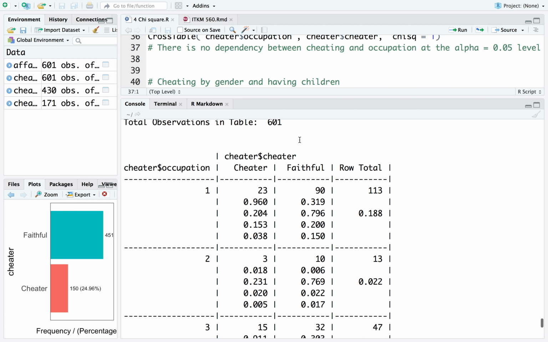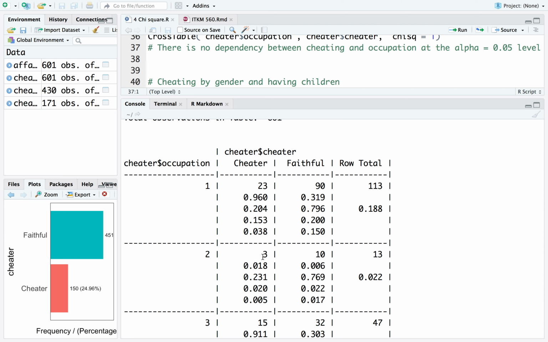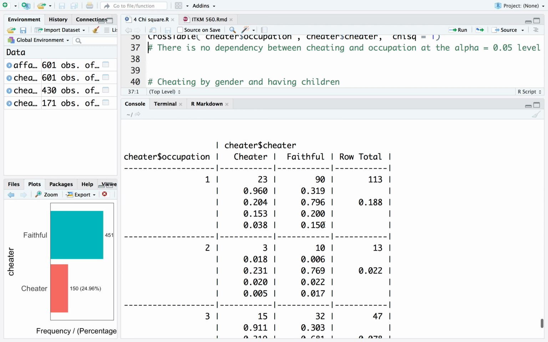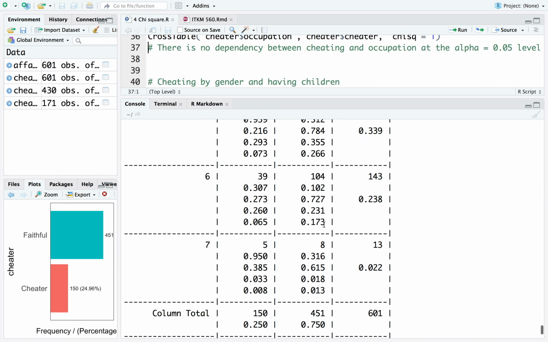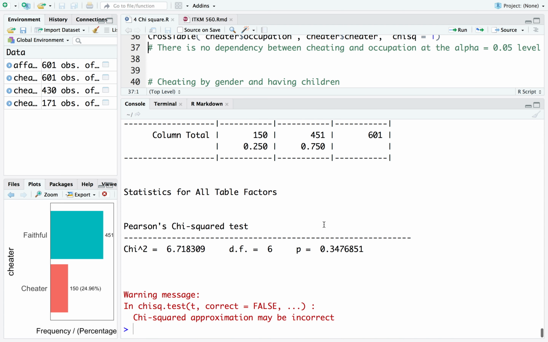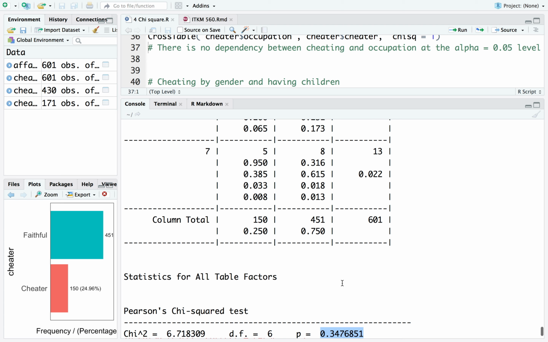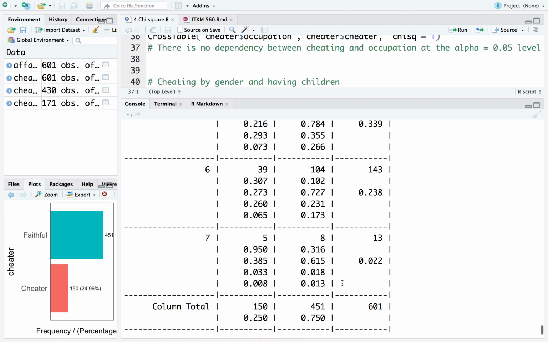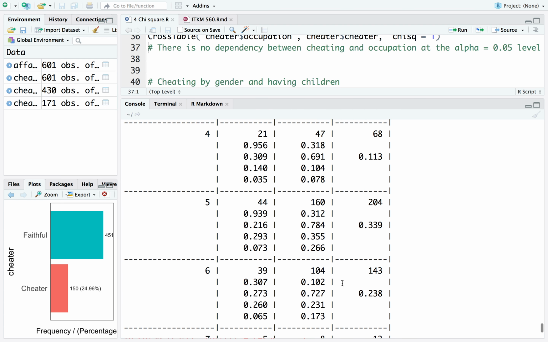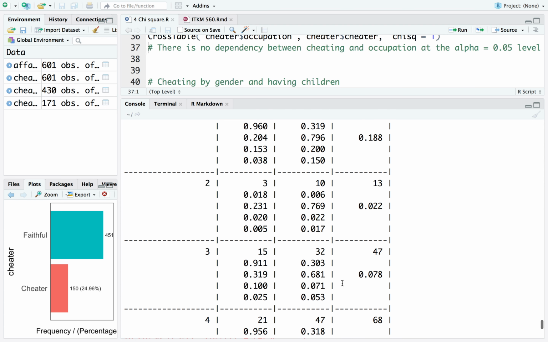If occupation were the columns instead of the rows, it would expand way far beyond my screen and it would be a little bit awkward to see. This way it's a little bit easier to see. Nevertheless, we even got a little warning here, and it says the p-value is 0.34. We are retaining the null hypothesis, and there is no dependency between cheating and occupation.